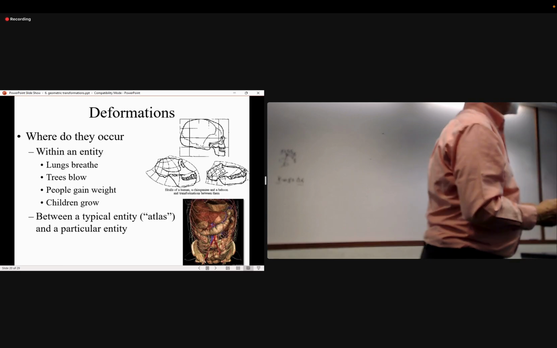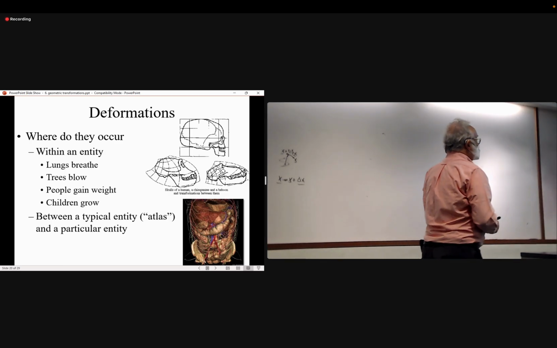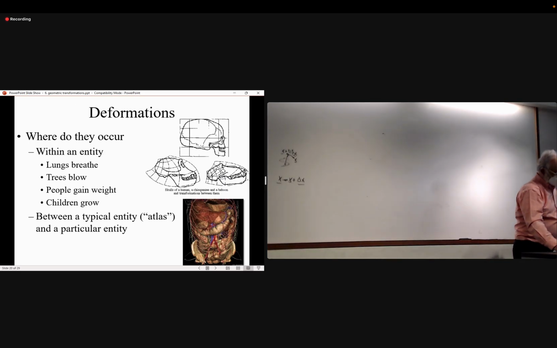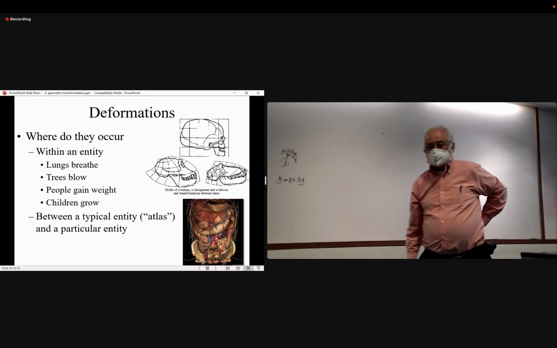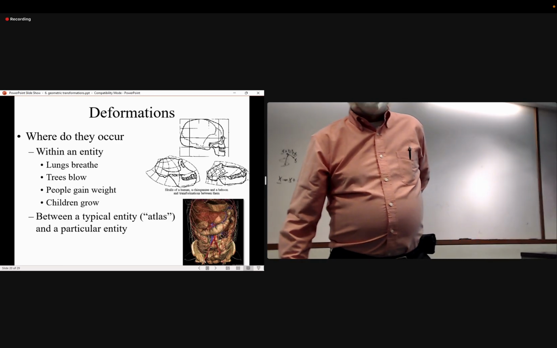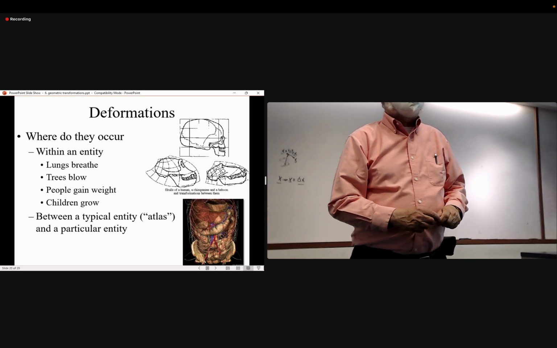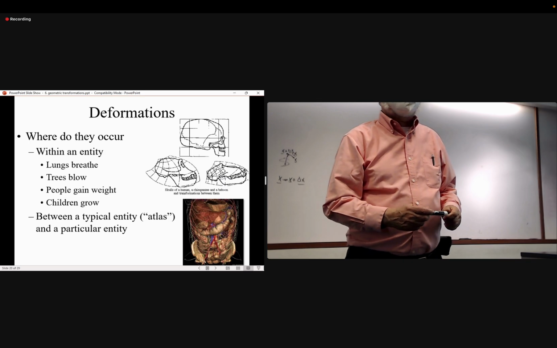But another thing we might want to do is to start with what's called an atlas. At the National Library of Medicine, there is a female atlas called Eve and a male atlas called Adam.